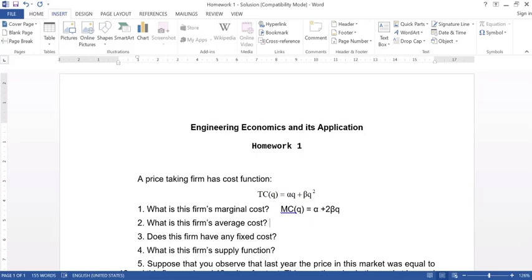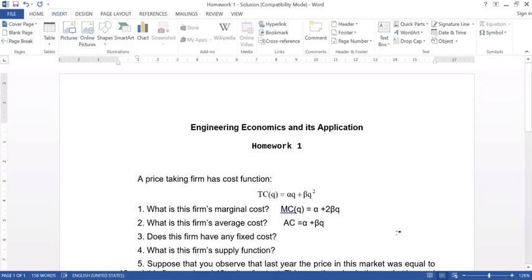We take the total cost divided by quantity, total cost divided by Q. So the average cost is alpha plus beta Q. That's the average cost function.